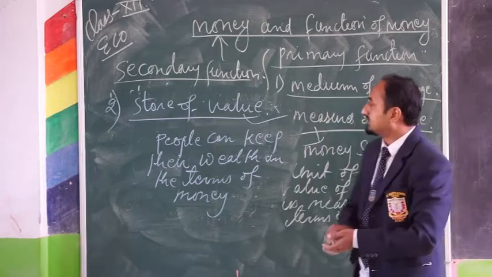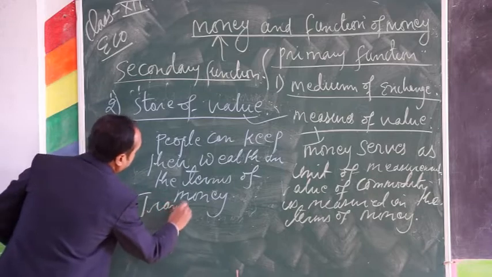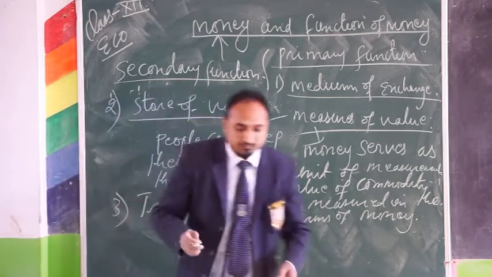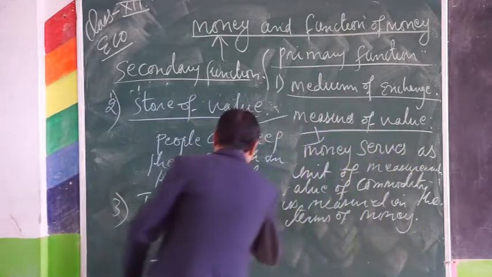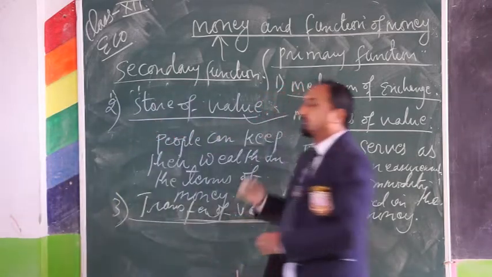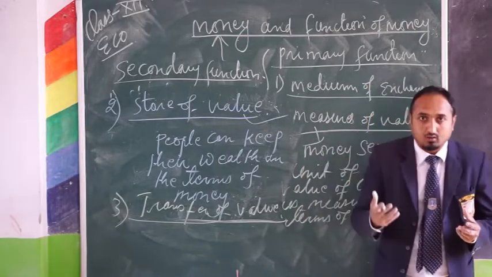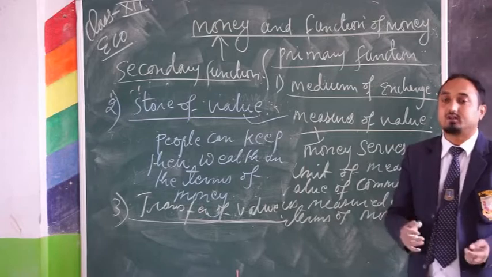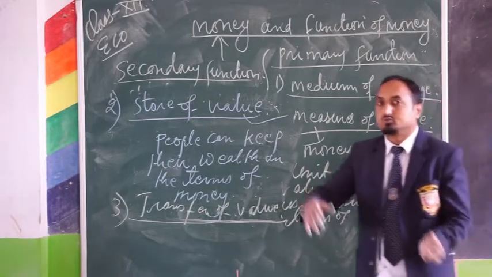Now, the next one, the third secondary function, we have transfer of value. So we know that money has become more convenient and easier to use nowadays, and we can transfer value from one person to another person also.